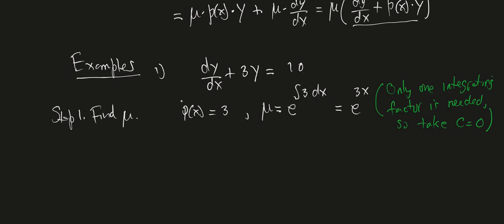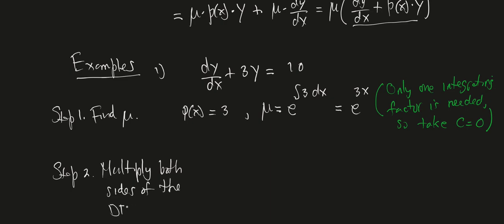Step 2, now I'm going to multiply the entire differential equation, both sides of the equation, by my integrating factor. So step 2, multiply both sides of the DE by mu.